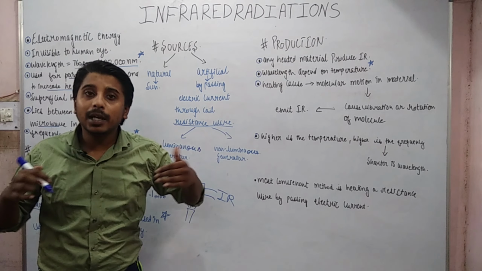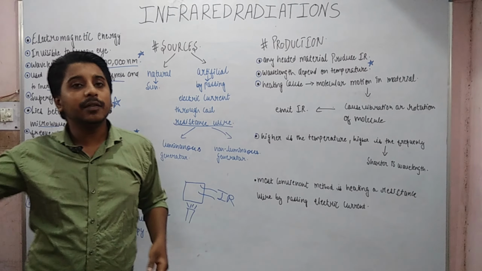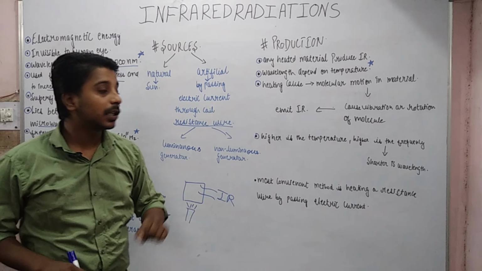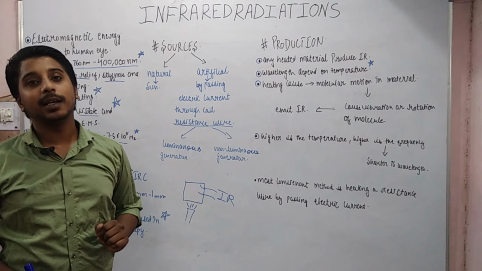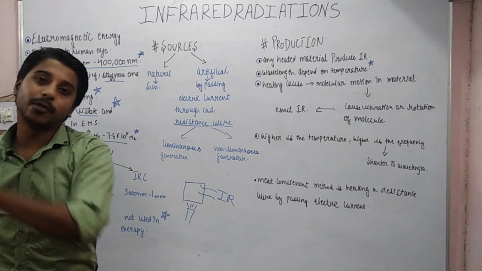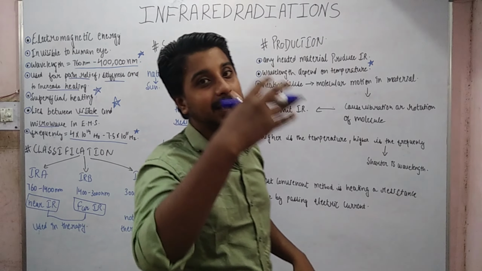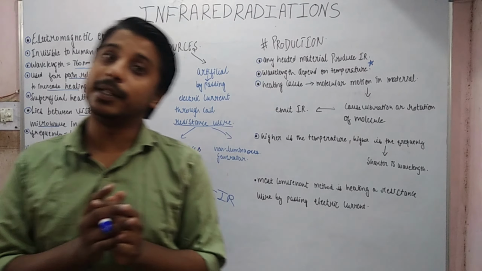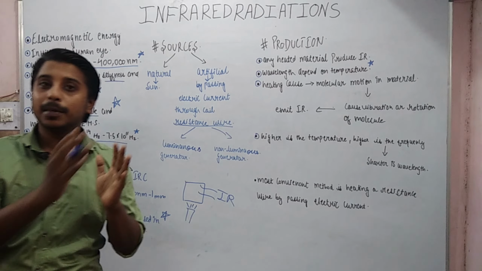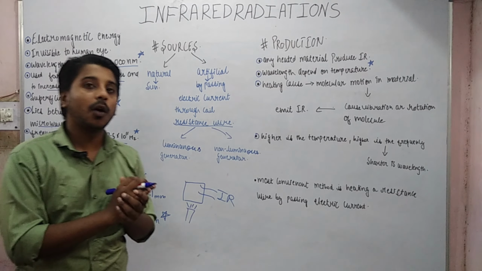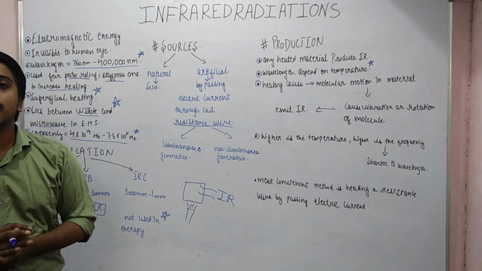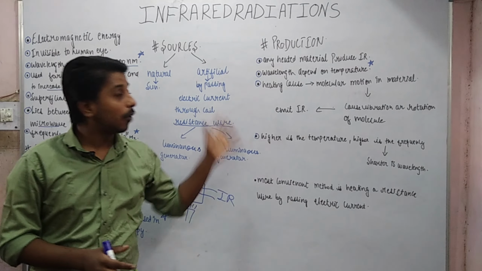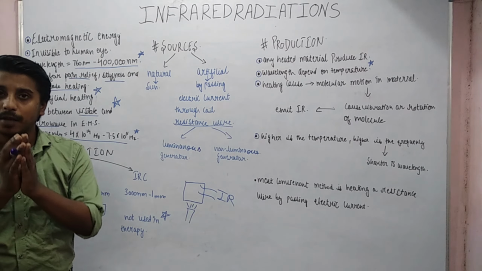Now I have explained that wavelength depends upon temperature. How? Either it is directly proportional or inversely proportional. Let's understand it. Higher is the temperature, higher is the frequency, and you must have known that if frequency is high, wavelength is low. These concepts are explained in the basics of electrotherapy series, in which I have explained all the laws governing radiation and other small topics which form the basis of electrotherapy.